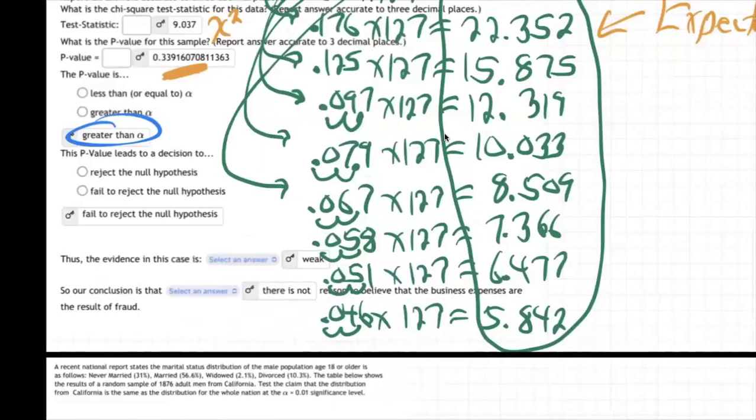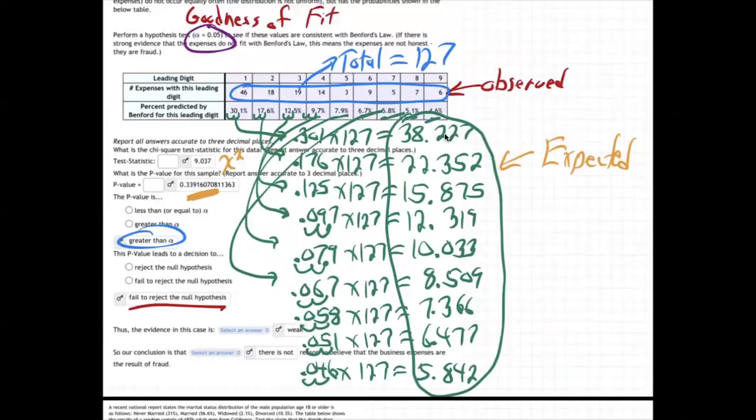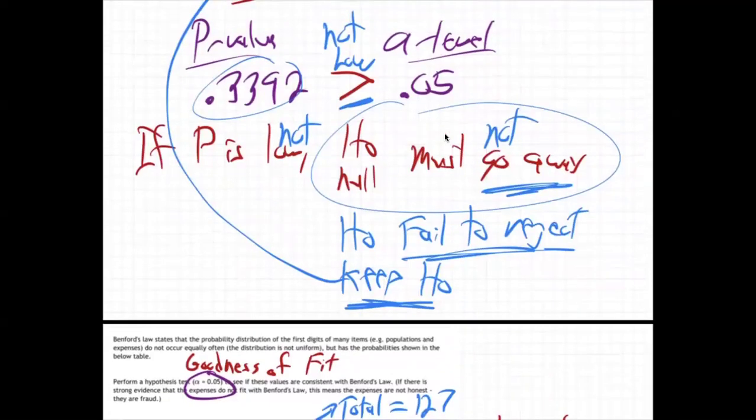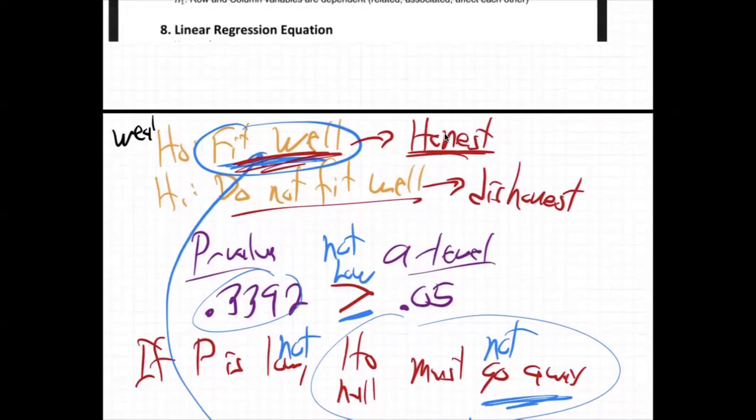So our conclusion. Oh yeah, and the evidence. I forgot to tell you about the evidence. Here's fail to reject the null, as we said. And remember, H0 is always weak evidence every time, and H1 is always strong evidence every time.